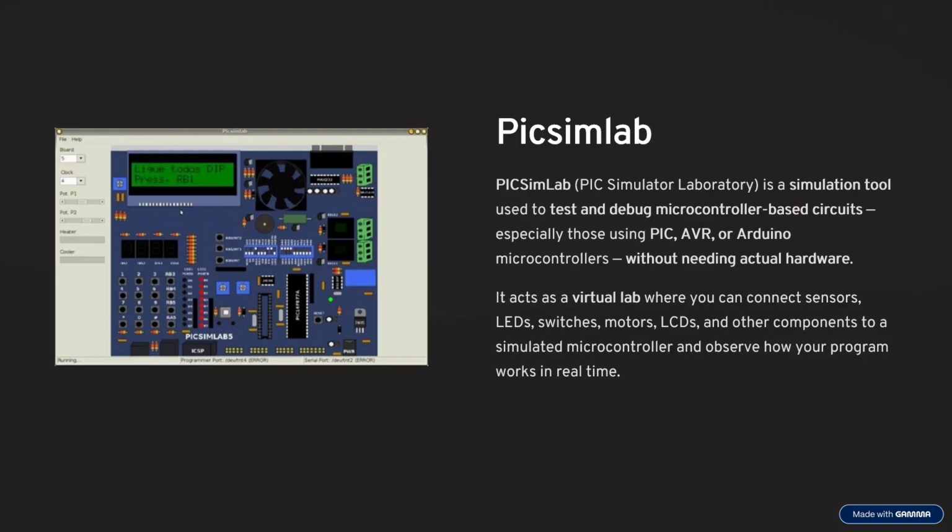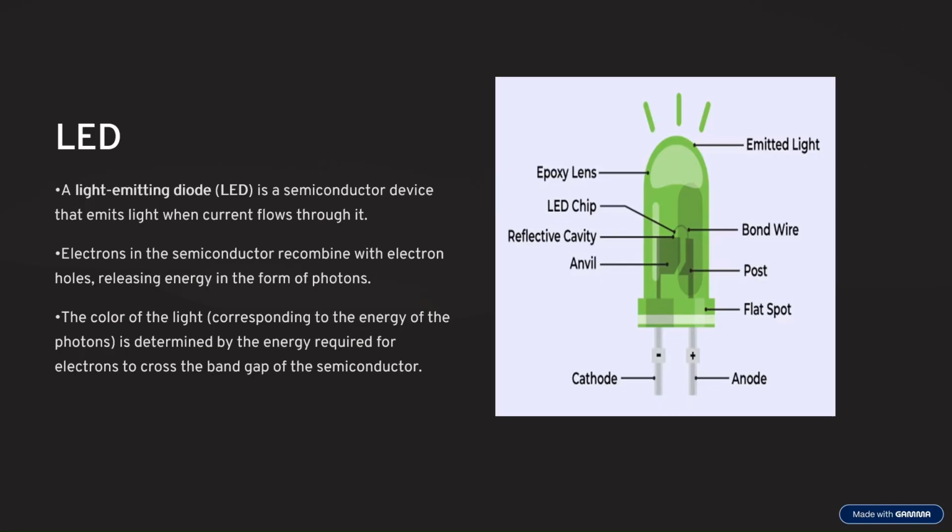Now let us see the remaining components which are used in our project. The next component which was mainly used is the LED. As we know, in many electronic projects we use LEDs as the main thing which shows the indication of our project.